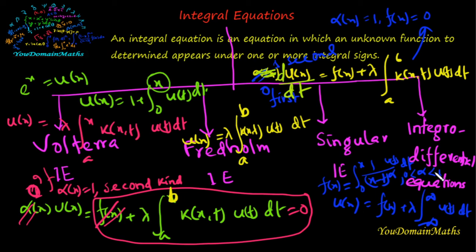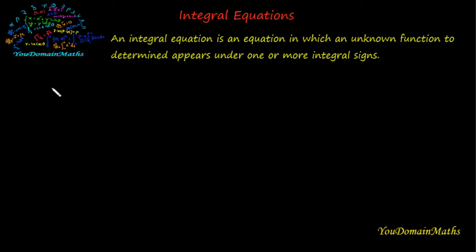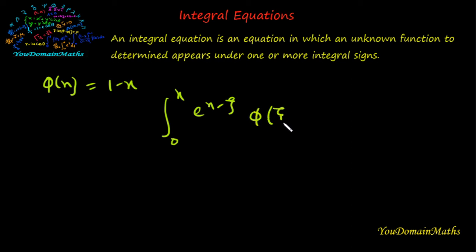This is a very interesting equation. Now we will see that if phi of x equals 1 minus x, this is the function, and the integral from 0 to x of e to the power (x minus xi) phi of xi dxi equals x.